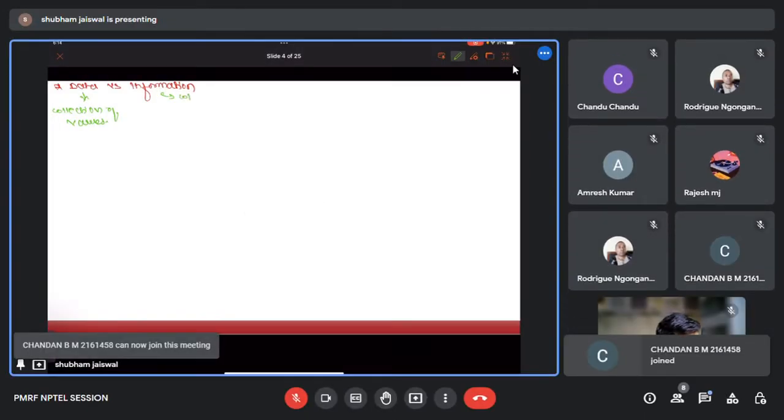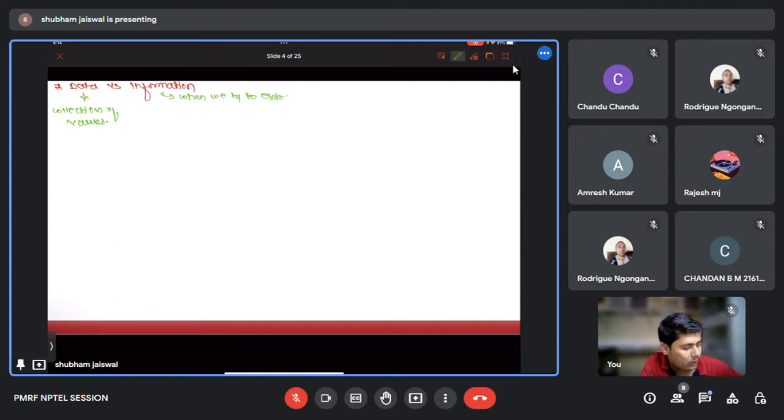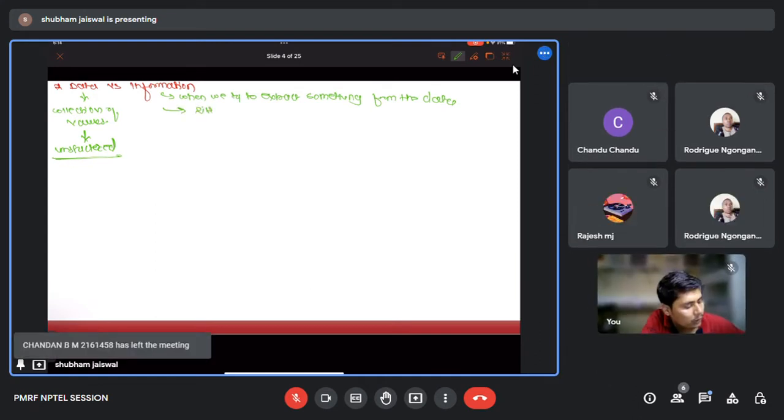Generally the data will be the unstructured one. Generally we see the data in unstructured form. Okay, so in information the data is a little bit structured. So this we have seen in the data versus information.